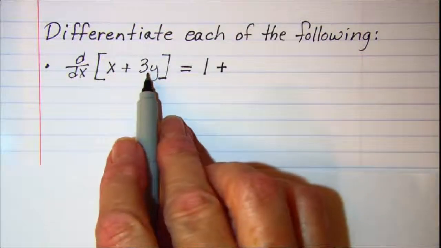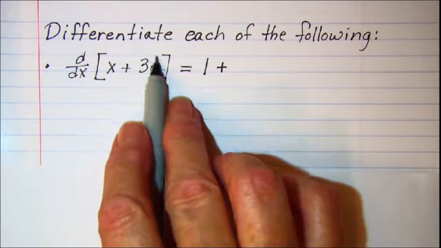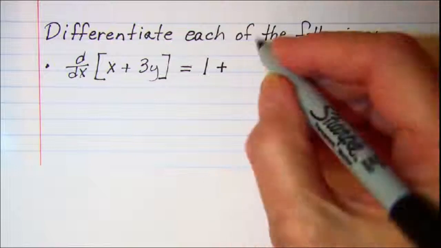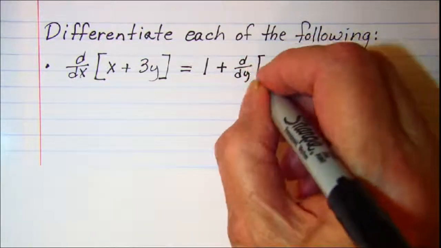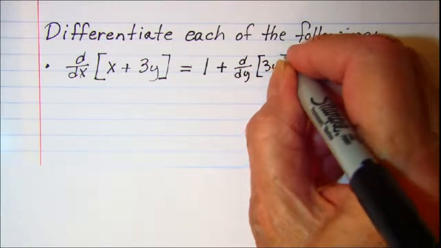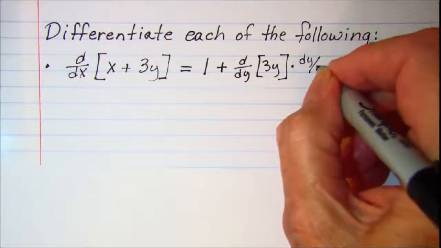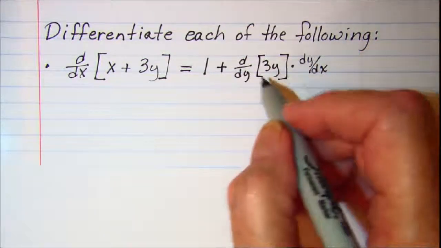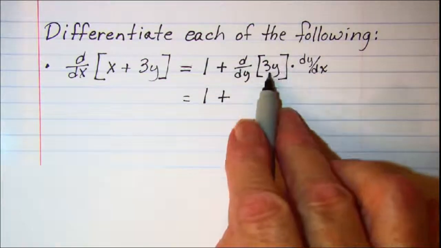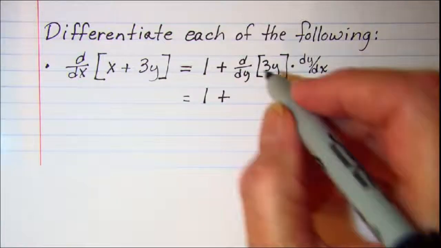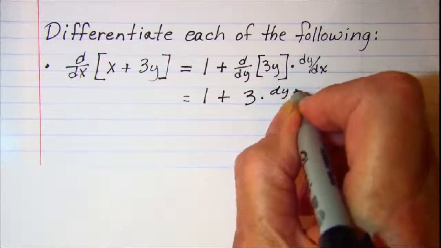But then on this one, when we're differentiating with respect to x, this is a y variable, so we need the derivative with respect to y first, and then multiply that by dy dx. So we have 1 plus the derivative of 3y with respect to y is just 3, and then multiplied by dy dx.